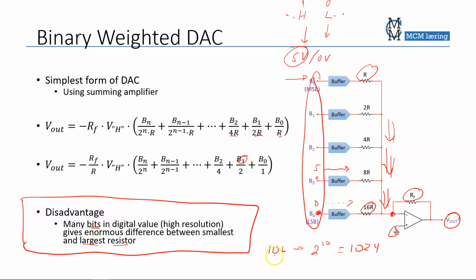If you have, for example, 16 bits, then 2 to the power of 16 is 64,000. So the difference between the smallest and largest is really very large, and that makes it very difficult to get an accurate conversion, because the different resistor values are very difficult to specify accurately.